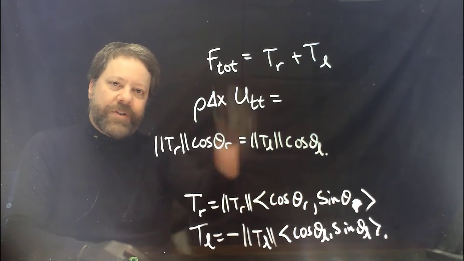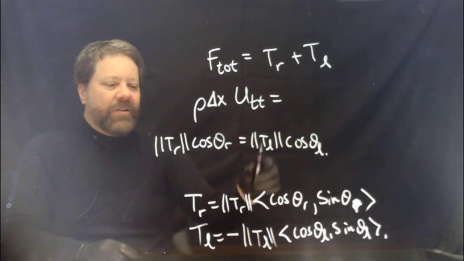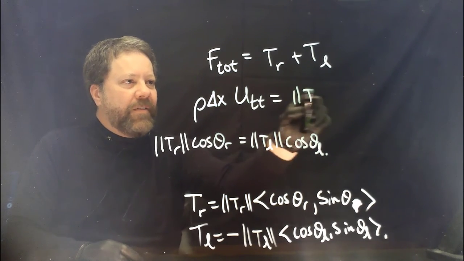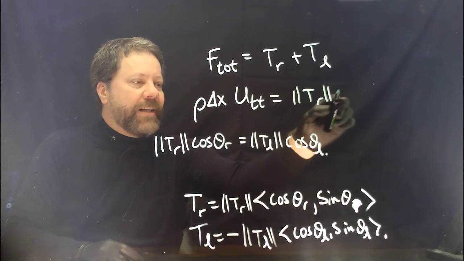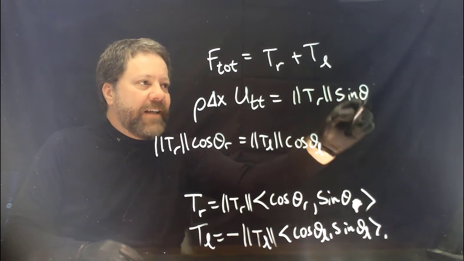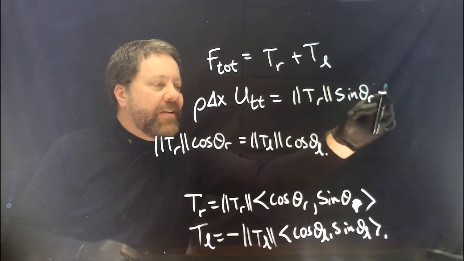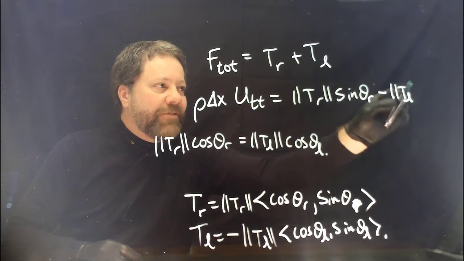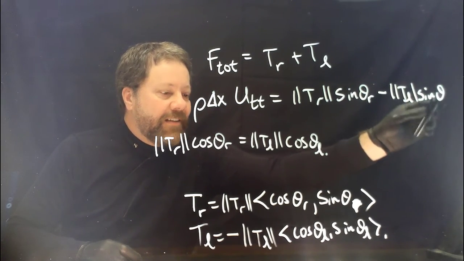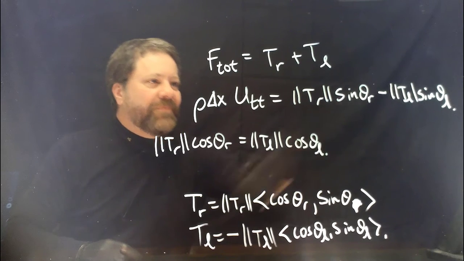So we'll only have forces going up and down. We'll end up with the norm of the tension on the right times the sine of theta on the right minus the norm of the tension on the left times the sine of theta on the left.